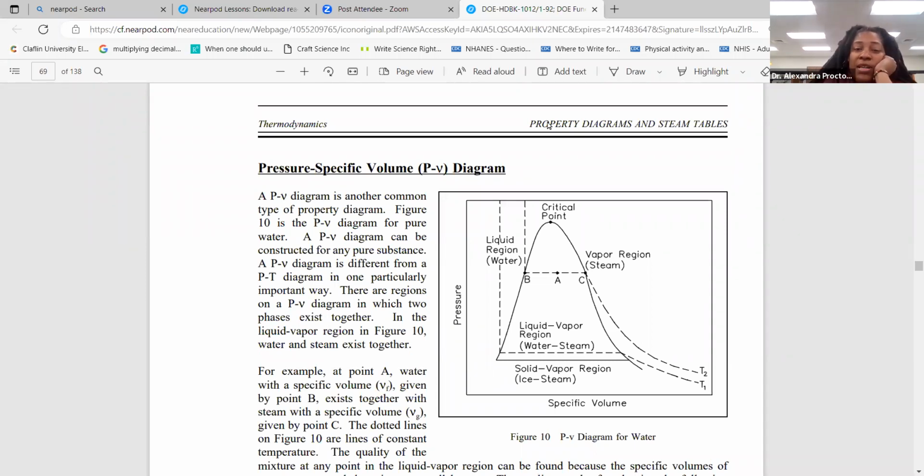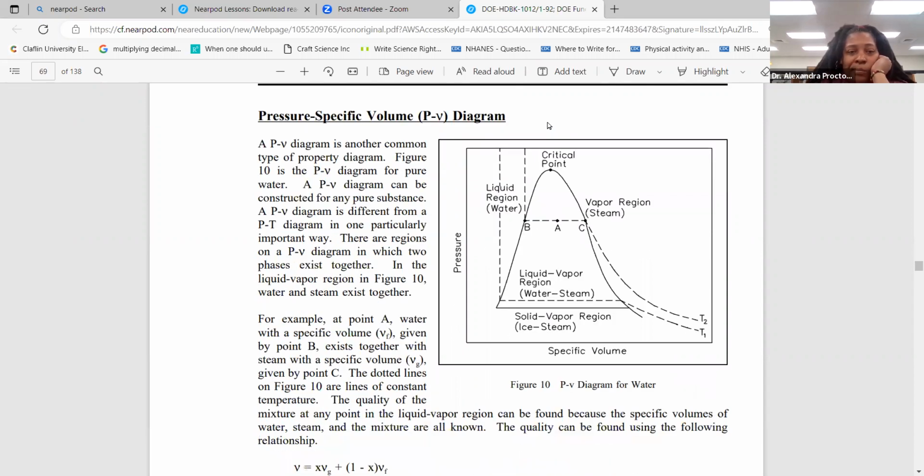Then we have the pressure specific volume diagram. And this is another common property diagram. This is figure 10, and this is for pure water. And this diagram, like the previous diagram, can be made for any pure substance.